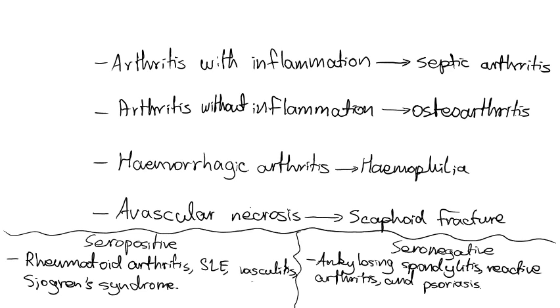Seropositive conditions include rheumatoid arthritis, SLE, vasculitis, or Sjogren's syndrome. And seronegative conditions include ankylosing spondylitis, reactive arthritis, and psoriasis. And it's important to remember that seronegative conditions present with no markers in the blood, and therefore blood tests cannot show the presence of these conditions.